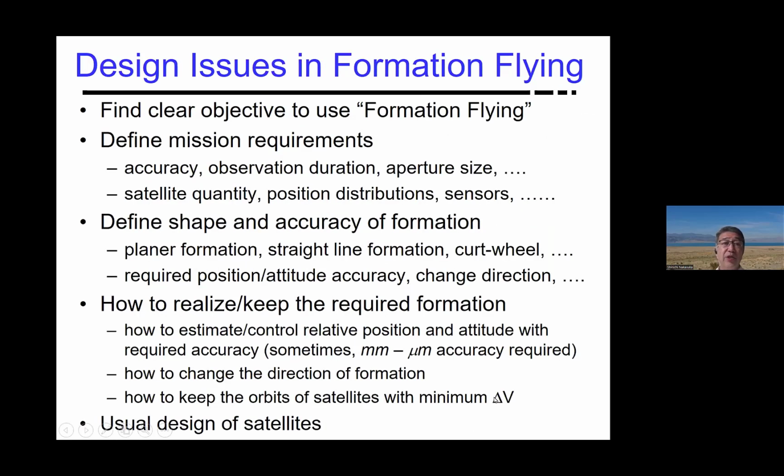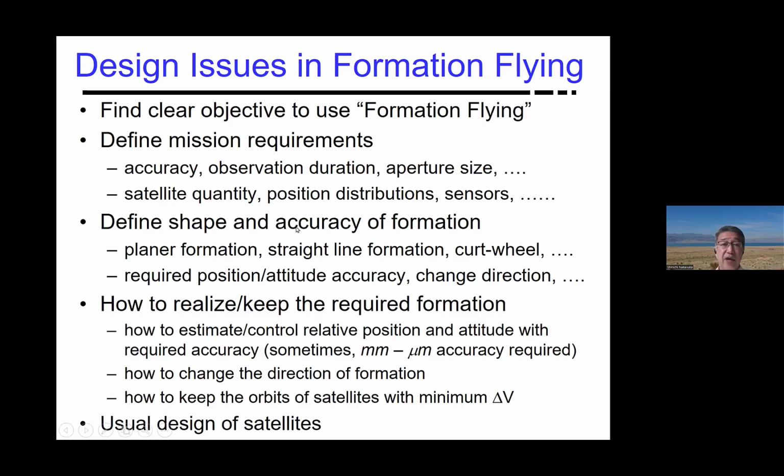So how can we design formation flying? First, you should find a clear objective to use formation flying, as I said before. Then we should define mission requirements: accuracy, observation duration, and aperture size. And the satellite quantity, position distributions, and the sensor would follow.